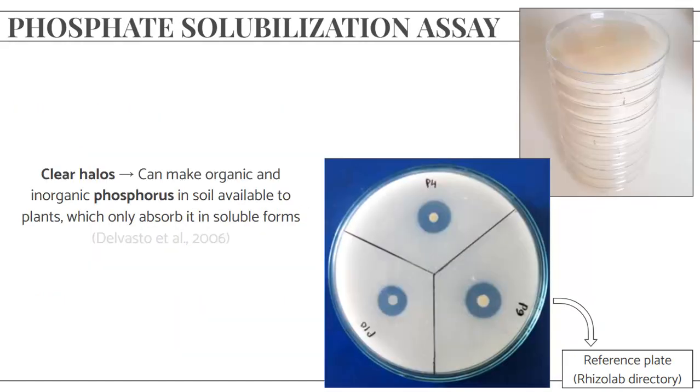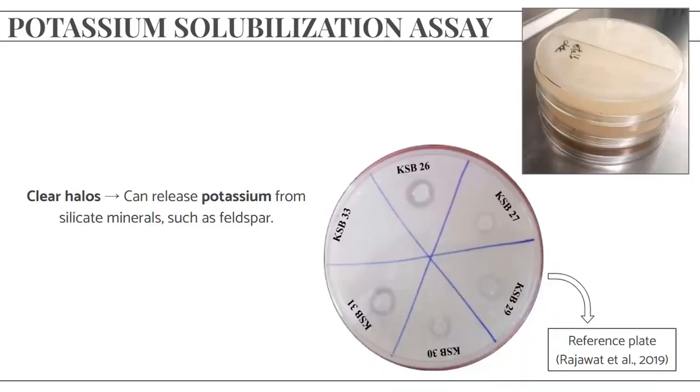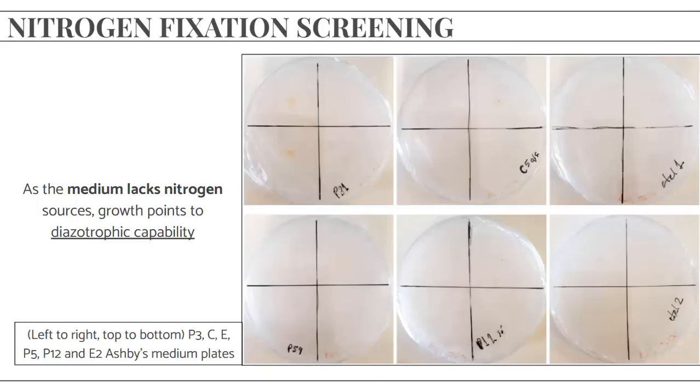The phosphate solubilization assay is just like it, but they create clear halos. The potassium is the same. Nitrogen fixation was assessed by the simple growth of the cyanobacteria in the medium because it lacks nitrogen sources.